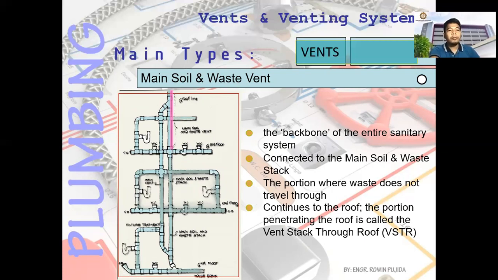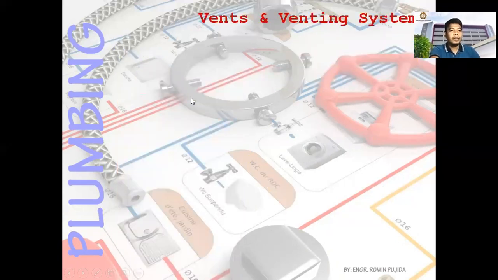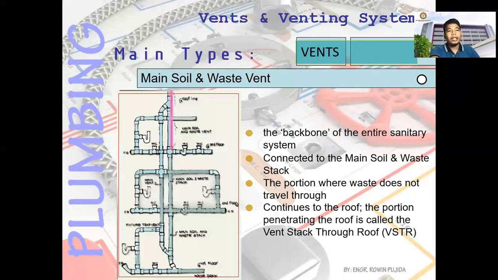The portion penetrating the roof is called the vent stack through roof. So the pipe extended from, for example, this is your roof line, the pipe extended to that is the vent through roof. Usually that is 0.3 meters from your roof line.